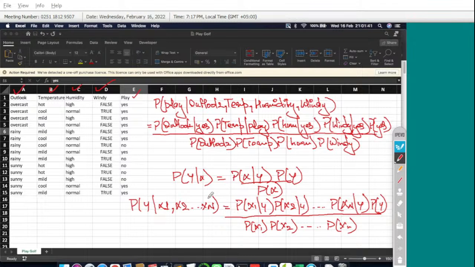Make sense? From the domain understanding, there could be something that's not significant, but based on the statistics and the probability, there could be some explanation in the probability of the target variable. Possible? Yes, that could be a possibility. So significance of selecting the input variables is important in the case of Naive Bayes.